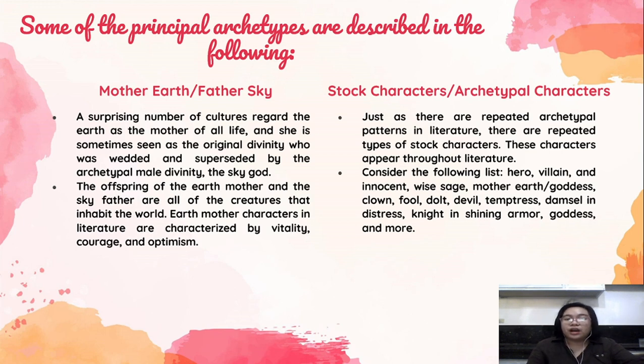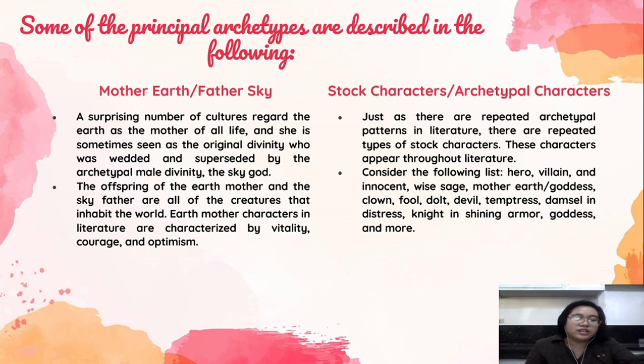Next, the stock characters or the archetypal characters. Just as there are repeated archetypal patterns in literature, there are repeated types of stock characters. These characters appear throughout literature. Aside from repeated archetypal patterns such as the hero and the quest, death and rebirth, the Mother Earth and Father Sky, there are also repeated types of stock characters.